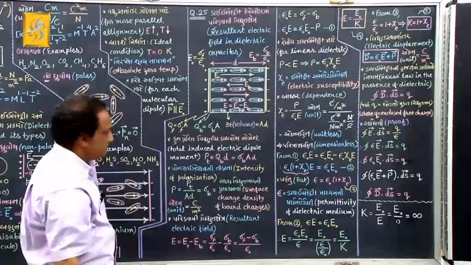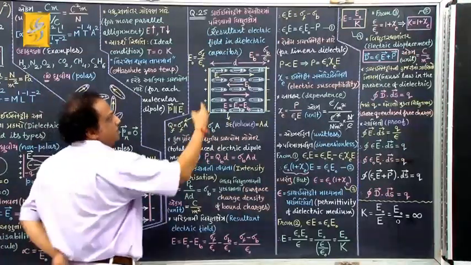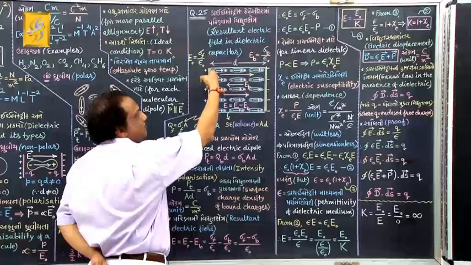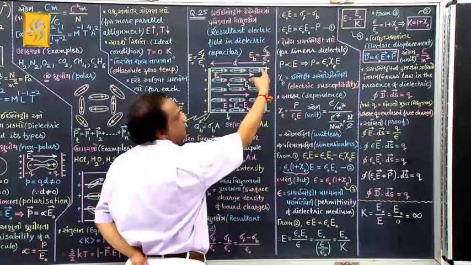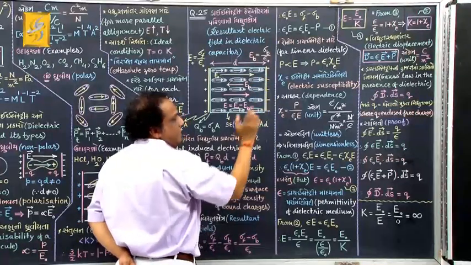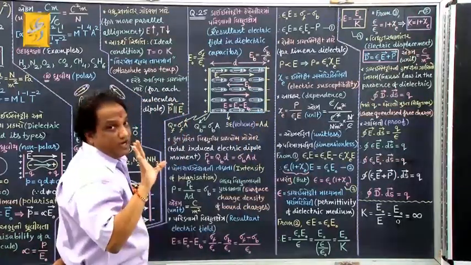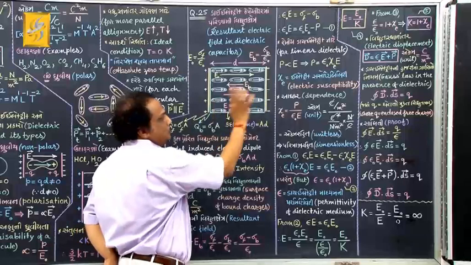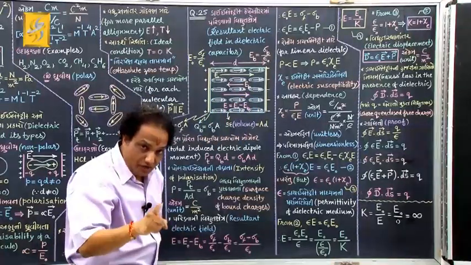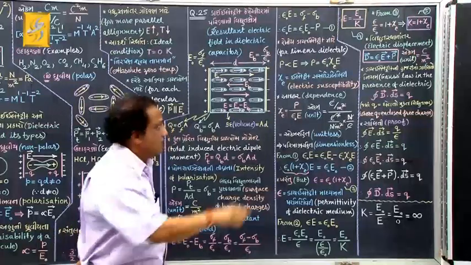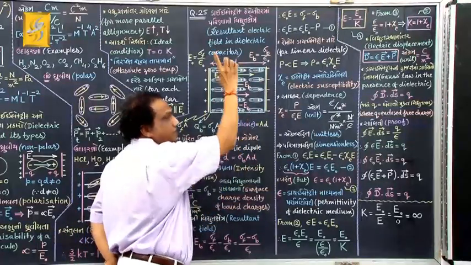Simple? Fine. Now tell me, here is accumulation of negative bound charges. Here is accumulation of positive bound charges. And electric dipole moment is from negative to positive. Now I would like to find out the total induced electric dipole moment in the entire dielectric medium.